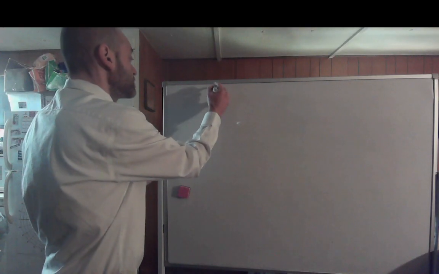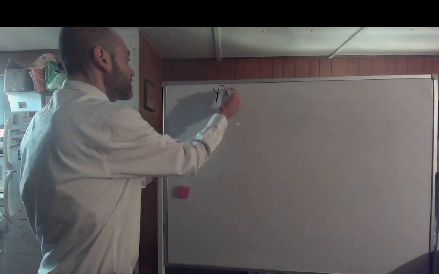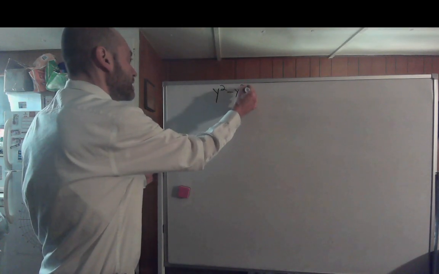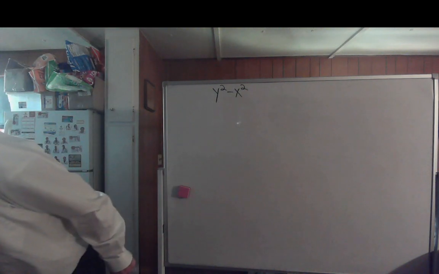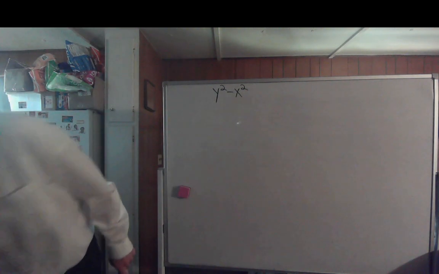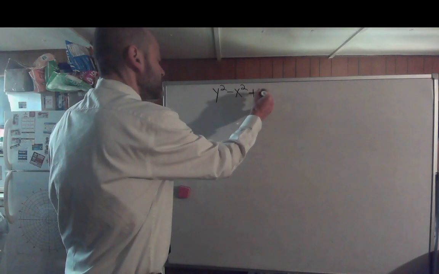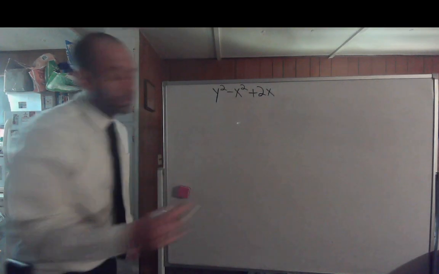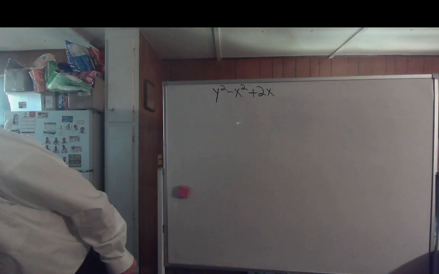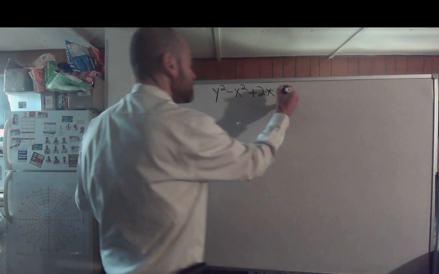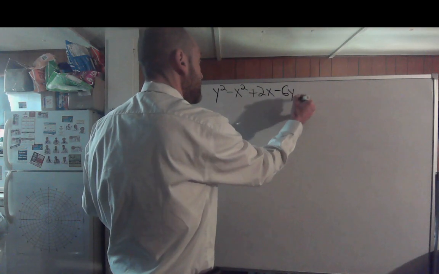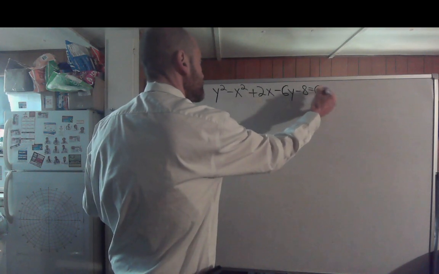Alright, we got y squared minus x squared plus 2x minus 6y minus 8 equals 0.